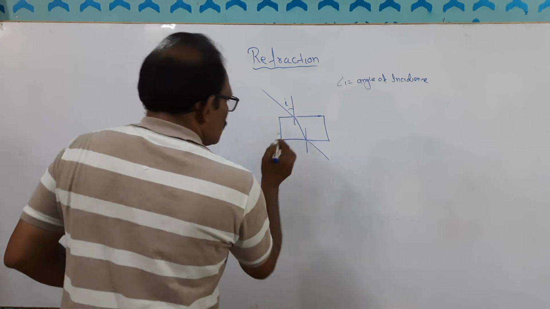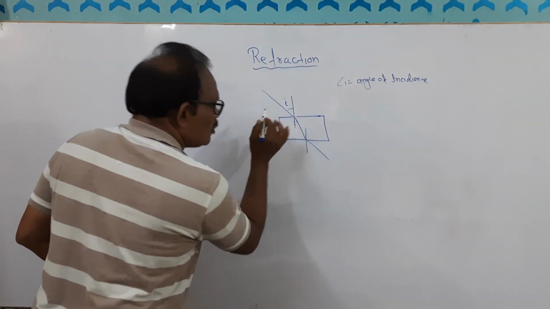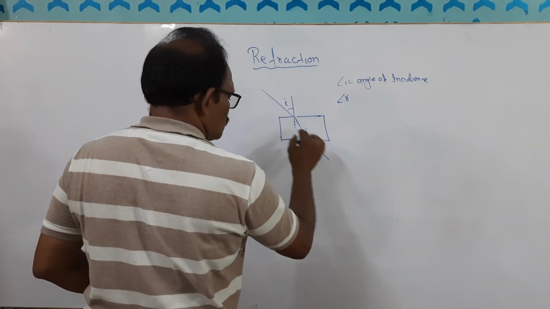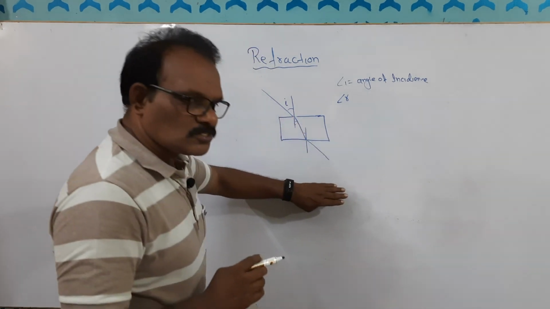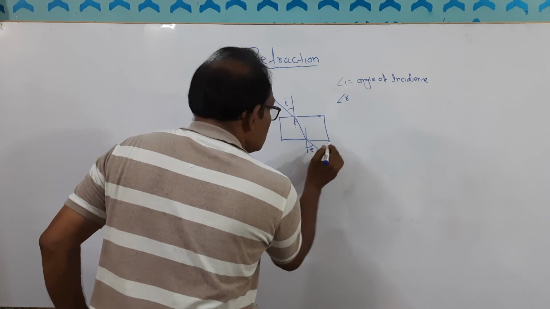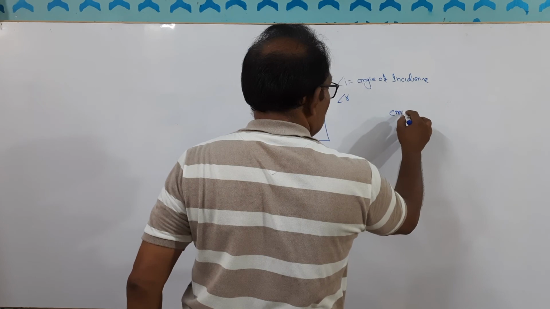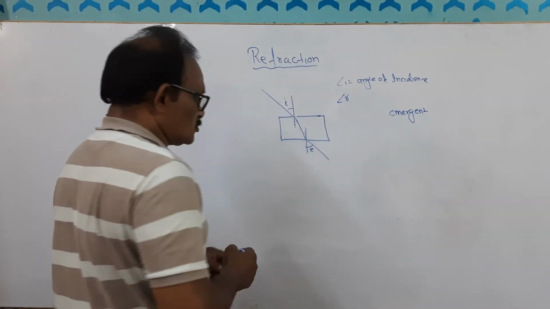Now this is refraction, so this angle is called the angle of refraction. Then again it crosses to the rarer medium. In this case, this is called E. E means angle of emergent, E-M-E-R-G-E-N-T. The angle of emergent.